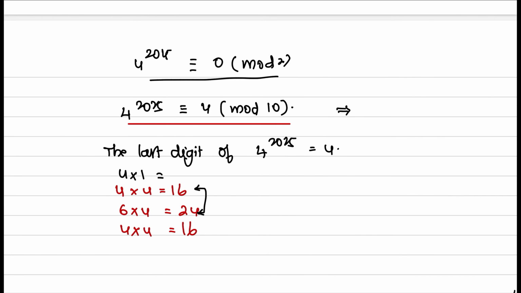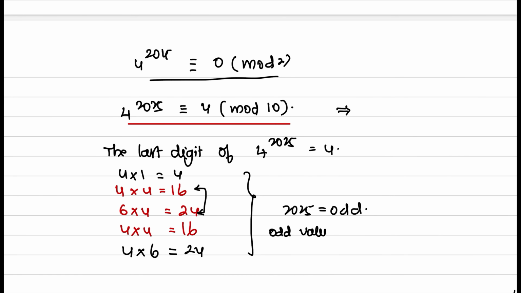Four into 1 is equal to 4. For odd values, 4 into 6 is equal to 24. For odd values, because 2025, we have already told, is an odd number, the last digit is 4.